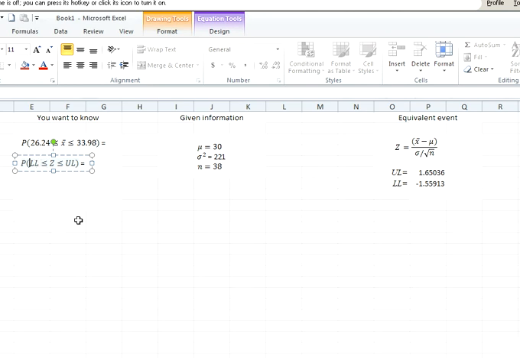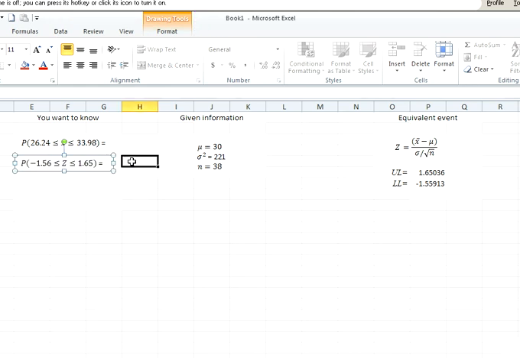Equivalent probability of this, z between negative 1.56, and the upper limit is 1.65. You want to compute this probability.